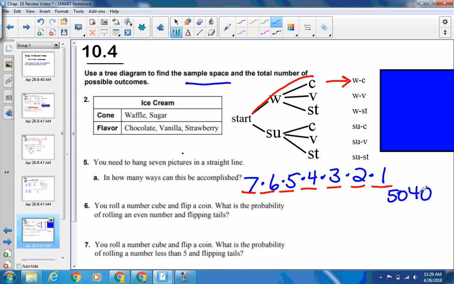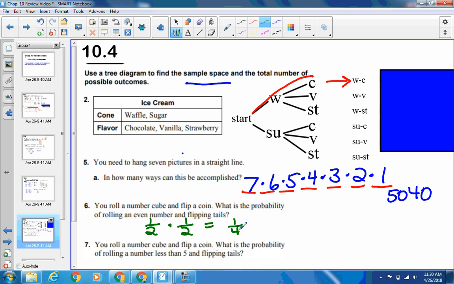Okay, so for number 6, we're finding a probability of 2 events. Rolling an even number, there's half even numbers on a number cube, and tails is a half also. So multiply them together, and the probability of both events occurring is 1 out of 4, 1/4. For number 7, again, 2 events.